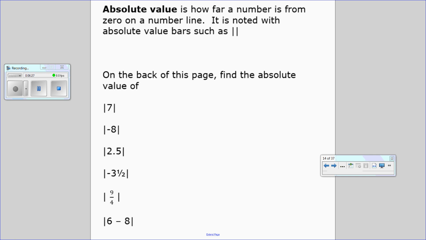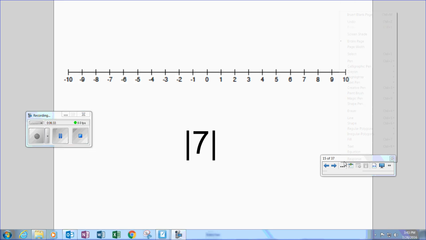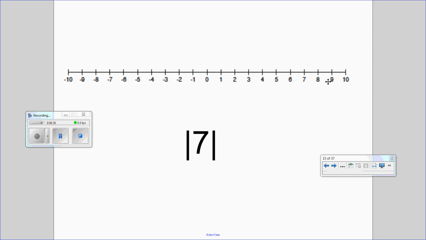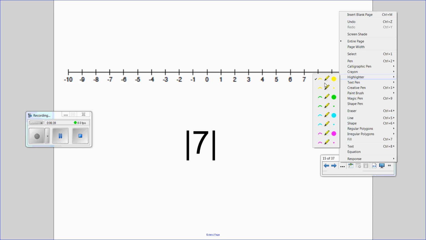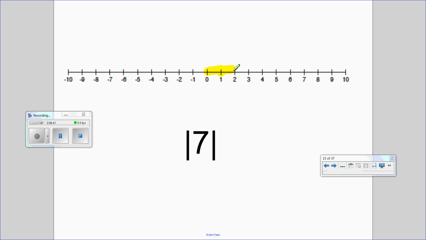So 7. How far is 7 from 0? Let's use the highlighter. We are 1 unit, 2, 3, 4, 5, 6, 7 units from 0, so the distance is 7.